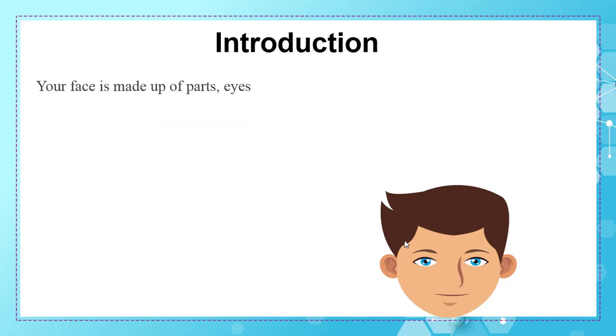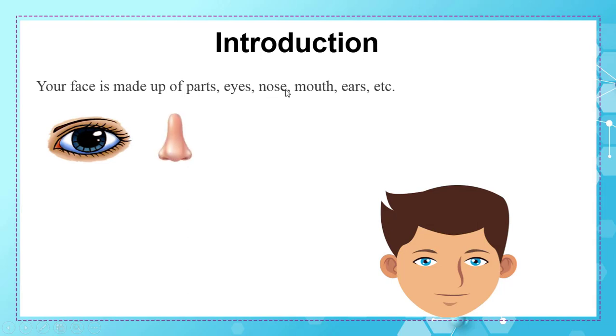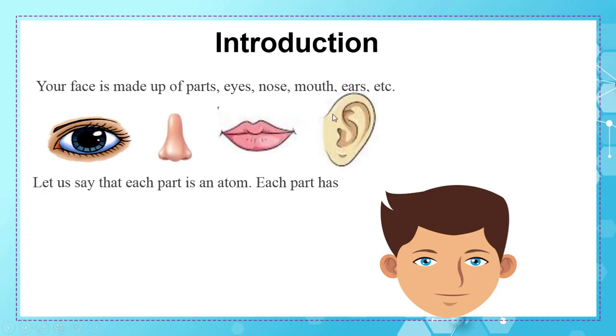So your face is made up of many parts. For example, eyes, nose, mouth, ears, etc. Let us say that each part of the face is an atom. So each part is an atom, and has its work and function.